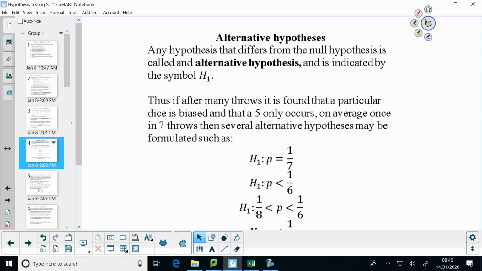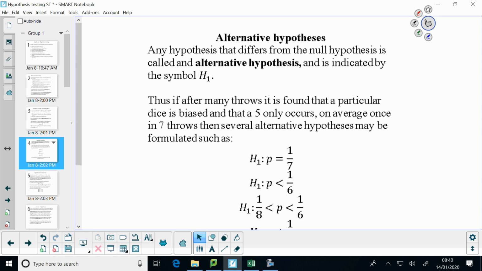You could say that P is less than 1/6, so that it is less than a particular number, less than the null hypothesis. You could say that H1 is between 1/8 and 1/6, and you could say that H1 is P not equal to 1/6. And that would cover both sides of the story. Okay? And more about that in a little while. All of which are valid alternative hypotheses to the null of P is equal to 1/6 for a fair dice.